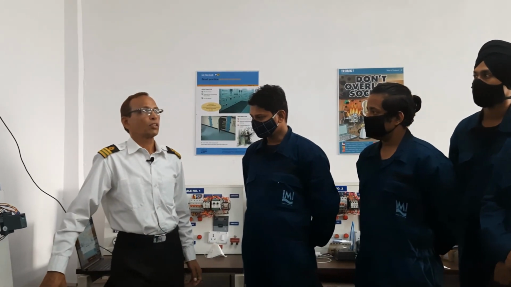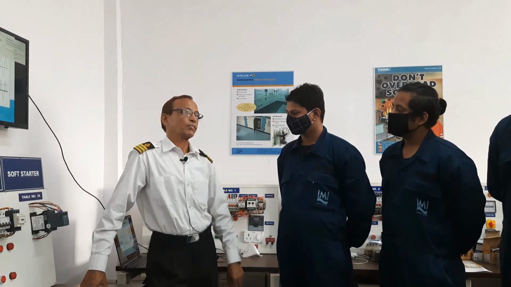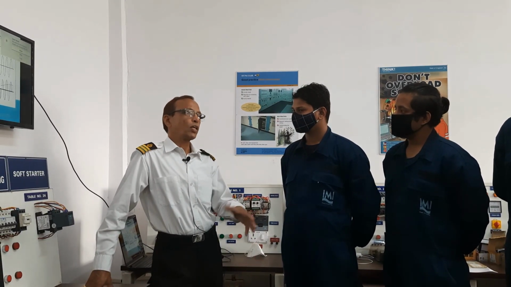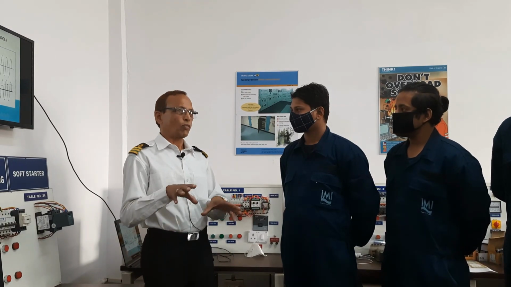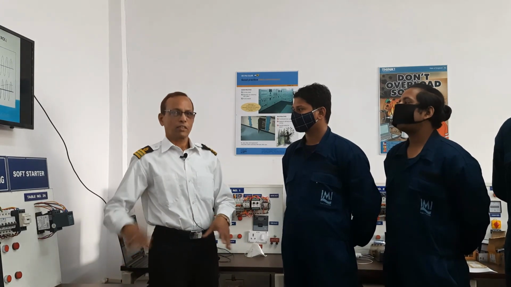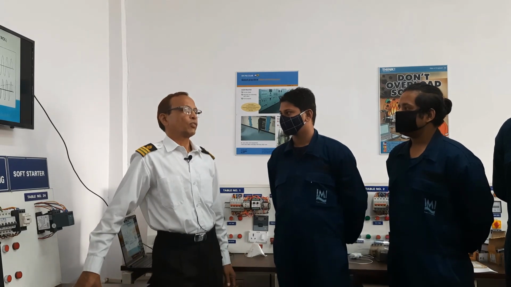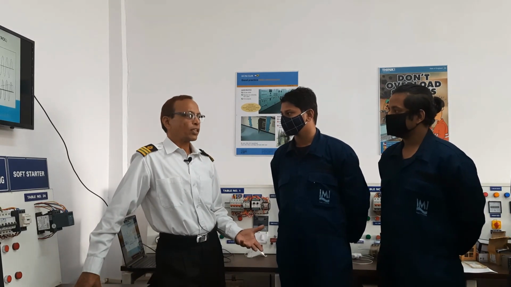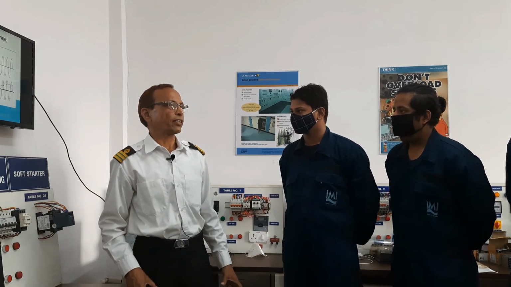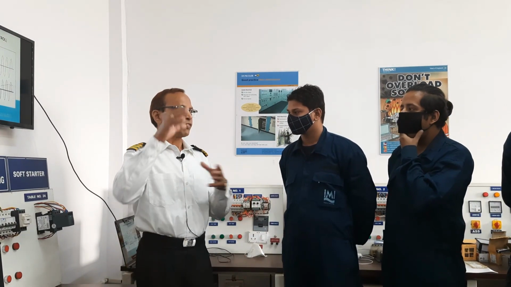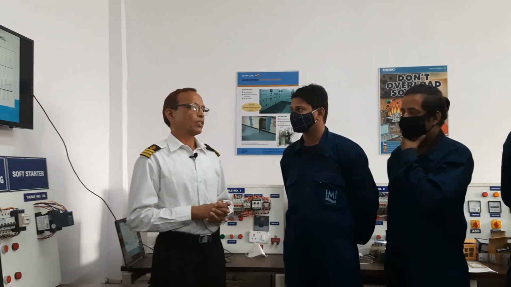Now when there is a fluctuation in the voltage, who controls the fluctuation? Before we go for the soft starter, we should know the basics. Suppose your big motor is starting, so the voltage is fluctuating, giving a dip. Who is controlling the dip?